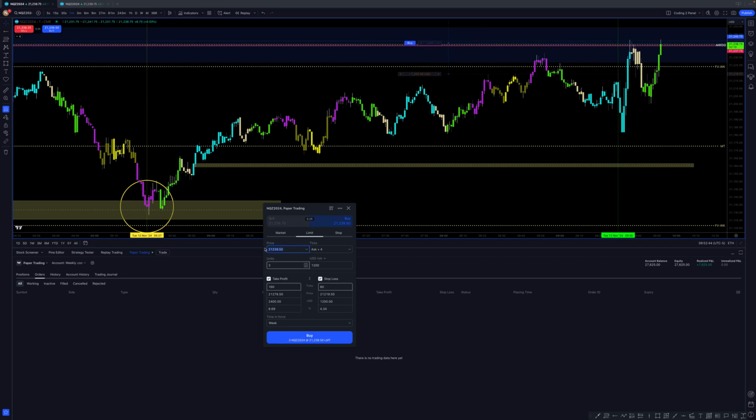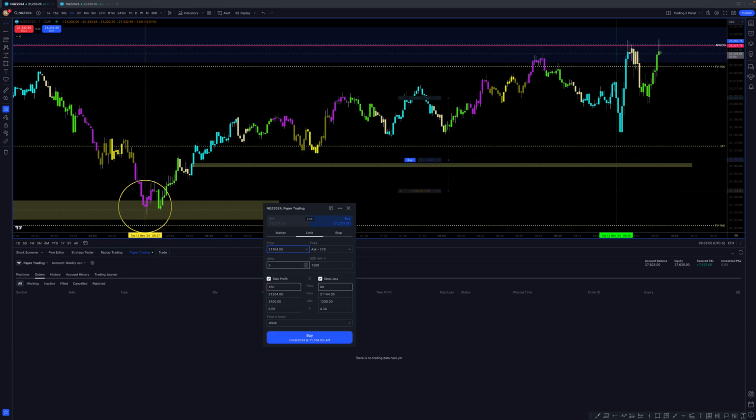I'm gonna go with a limit. 21,164. There we go. To be honest with you, I'm not sure. Actually, I've got orders and I'm at the platform I trade on and market if touched. I use that a lot. So I don't know exactly how this other one's going to work in TradingView.